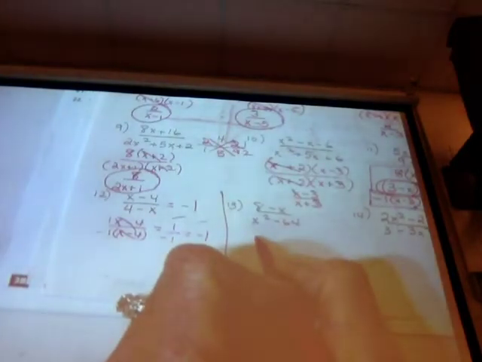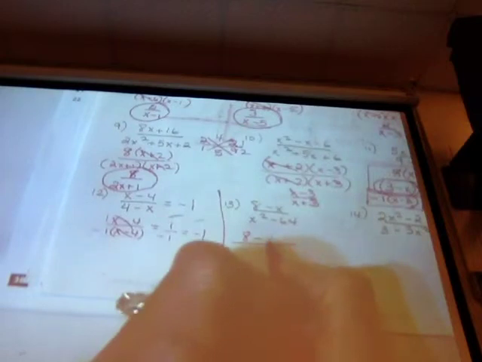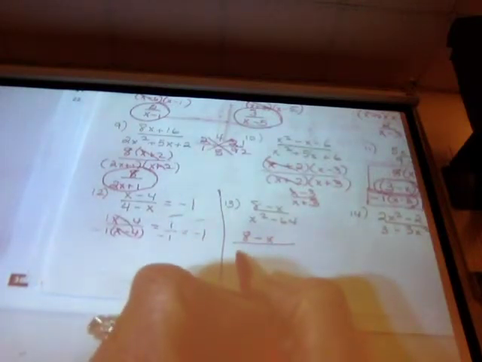Okay, Taylor, how would you do 13? You can factor the bottom with difference of squares. Okay, you're correct. What would that be? It would be x plus 8, x minus 8. Okay. And then what would you do?